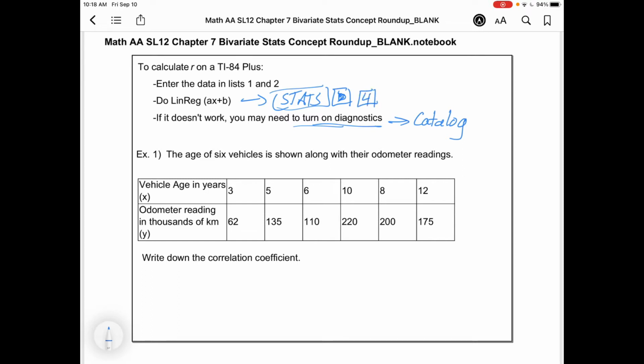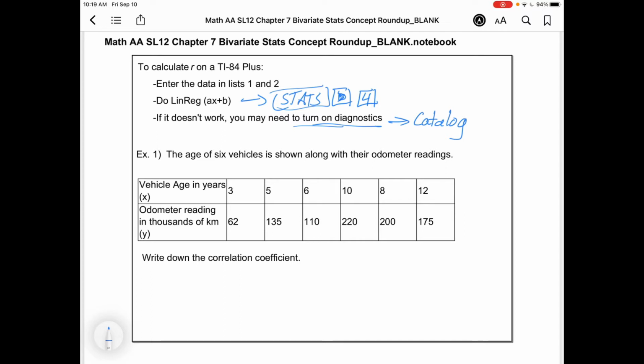Now I'm doing this on an iPad, so my TI-84 emulator isn't perfect. It's leaving out a couple little things, but it's mostly good here. So here I've got the age of 6 vehicles shown along with their odometer readings, the vehicle age in years, and the odometer reading in thousands of kilometers.